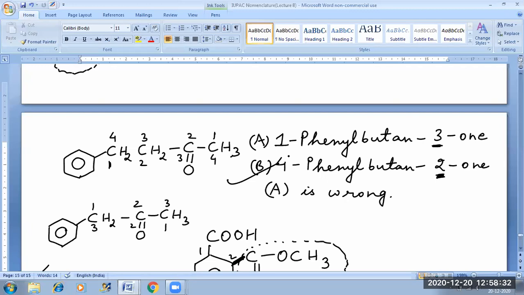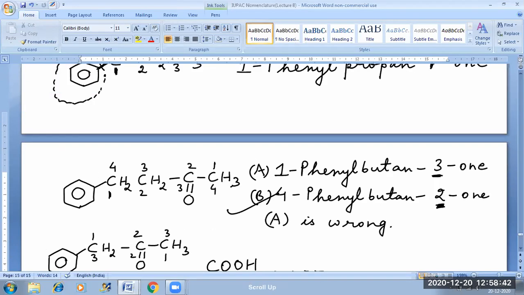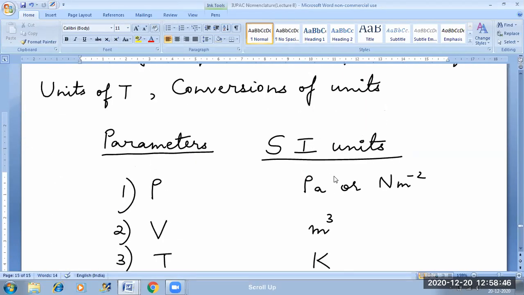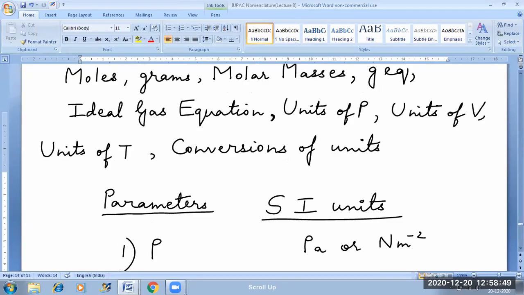A is wrong here, B is correct. Okay. So the chapter is over. IUPAC nomenclature is over.